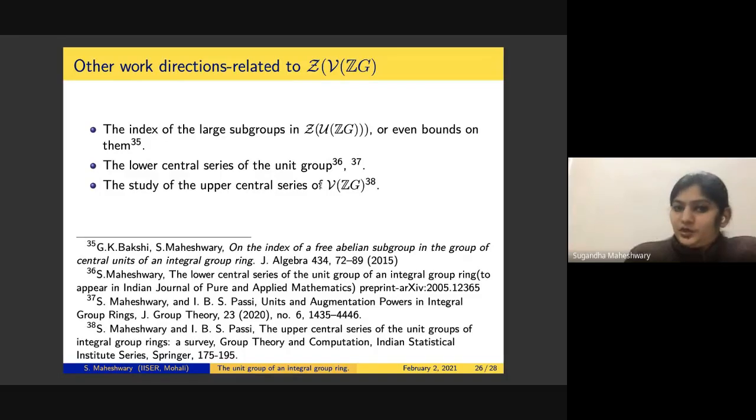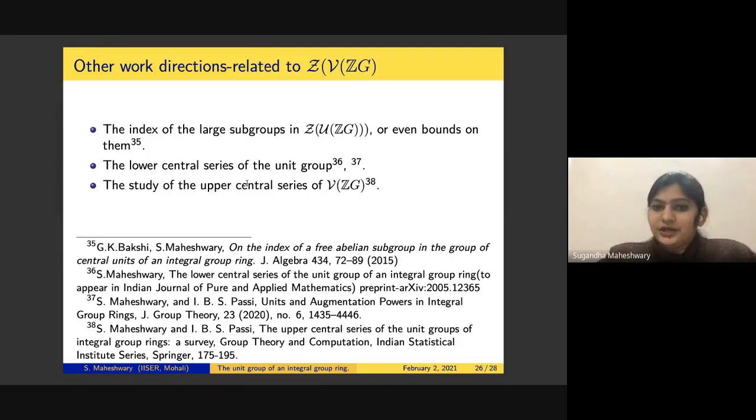And wherever you have central height 2, wherever the first center is not the same as the second center, in that case the second center is determined in terms of the first center, Z2 in terms of Z1. That is the nice thing about the upper central series. So you have either central height 0 or central height 1 or 2, right? Central height 2 is also classified.